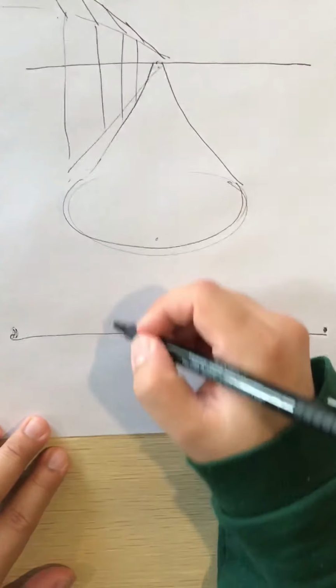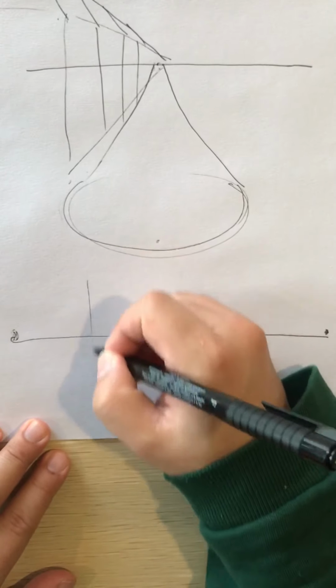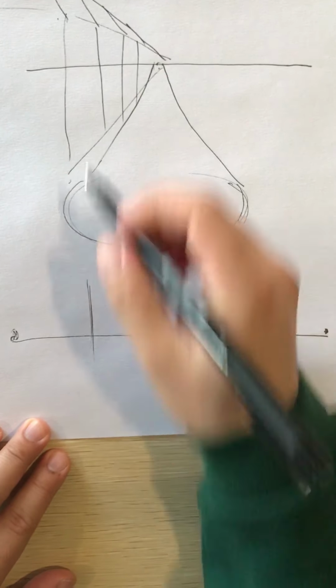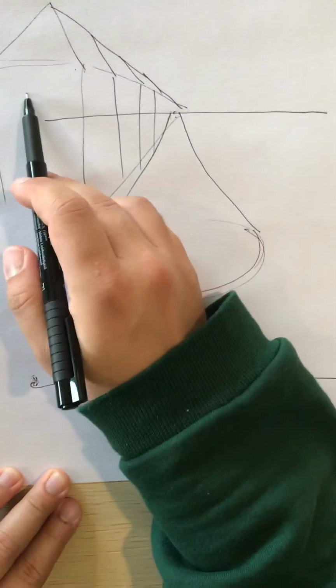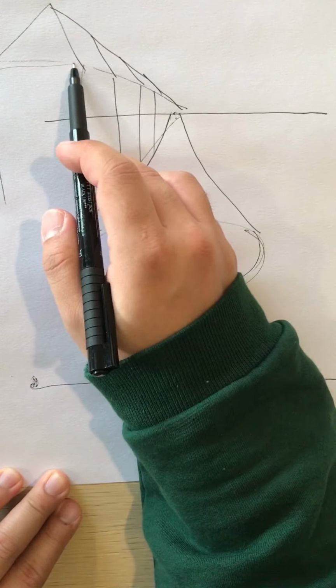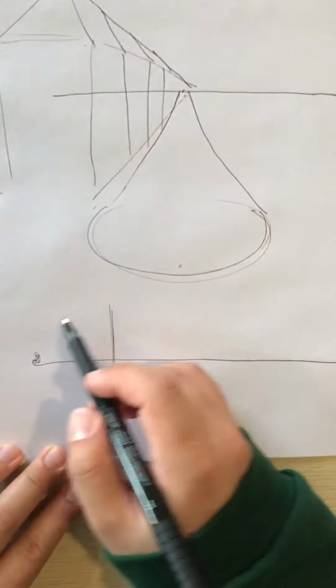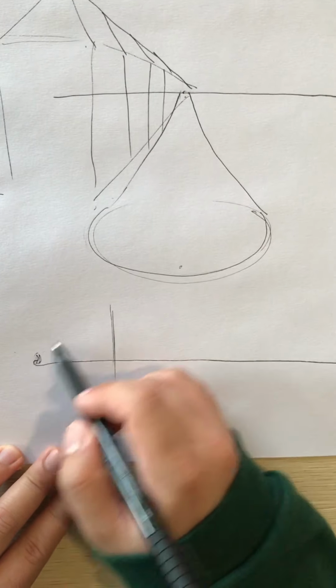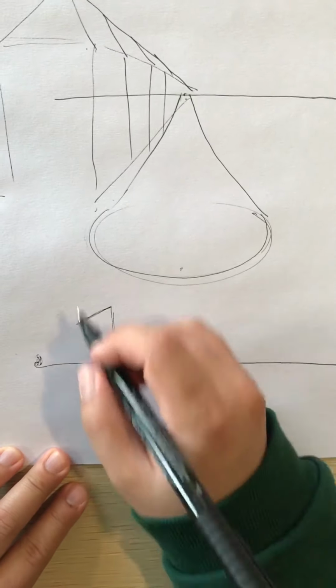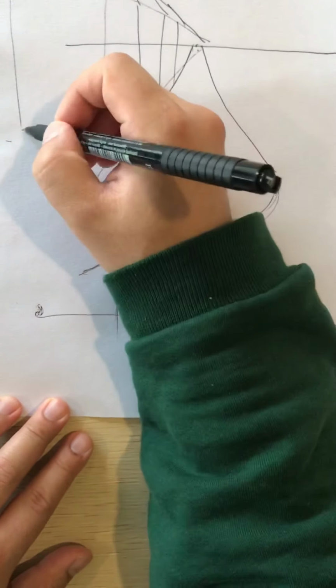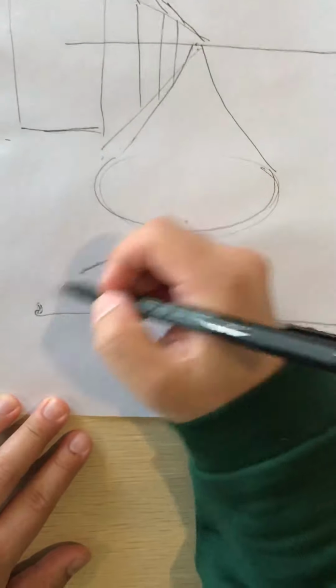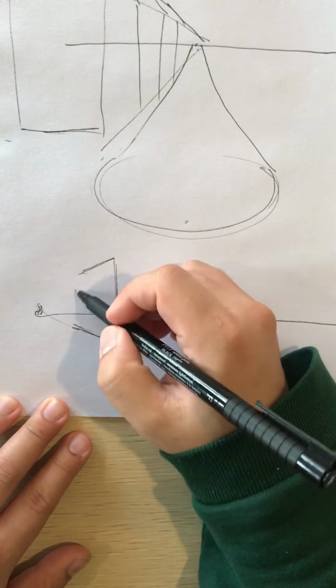The corner of this house would then be here, and instead of this line going straight, this line would come and try and meet up with this vanishing point. And this bottom line, which was straight, would try and come up to this vanishing point.